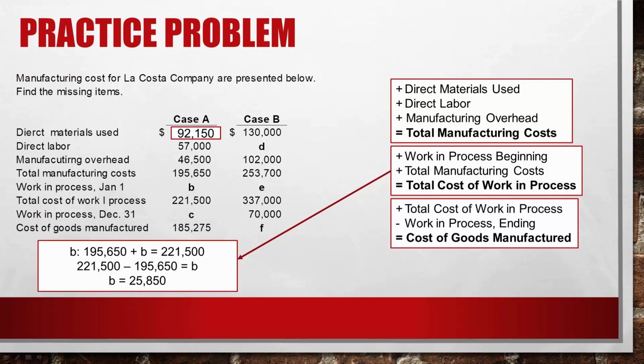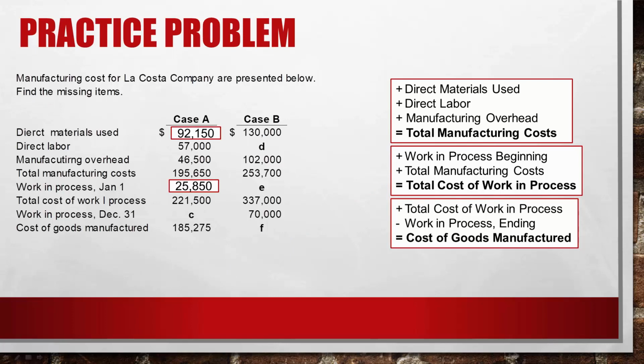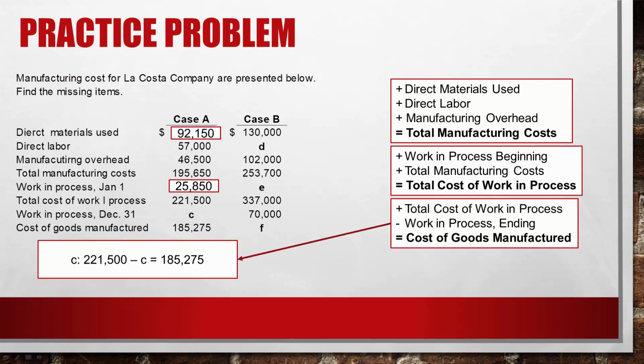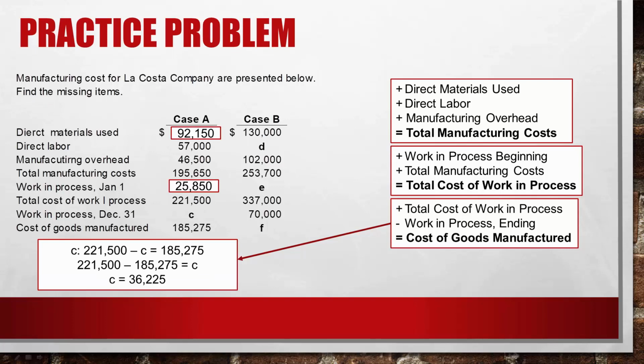So now we can solve for that missing item and see that B should be $25,850. Next, let's do C. C is going to use our last formula down there, which takes our total cost of work in process minus work in process as of December 31 to calculate the cost of goods that we finished manufacturing during the period. And so if we solve for C, we can find that it's $36,225.